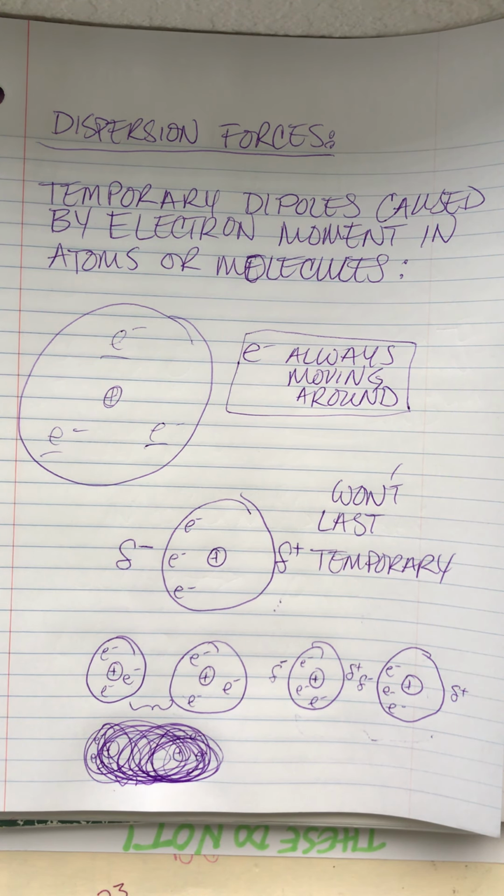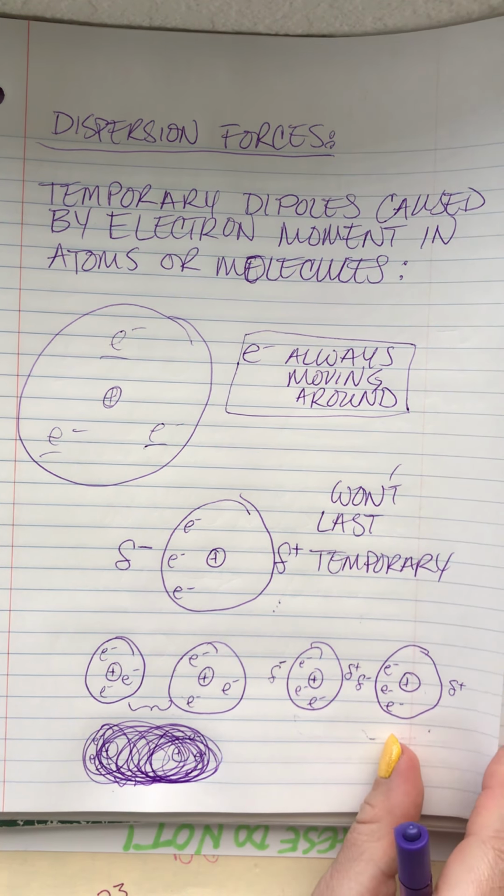So then it has to be dispersion. Exactly. So again, everything has dispersion forces, but if you don't have any dipole-dipole in your molecule, then you can't have anything but dispersion forces, right? Got it.